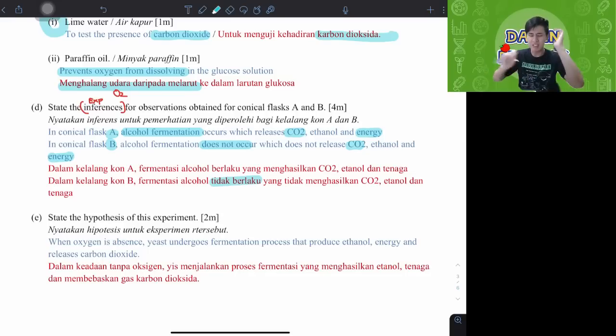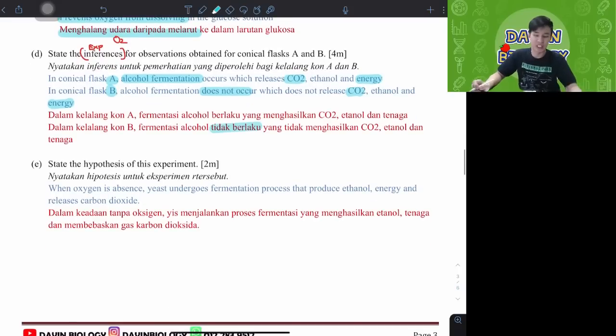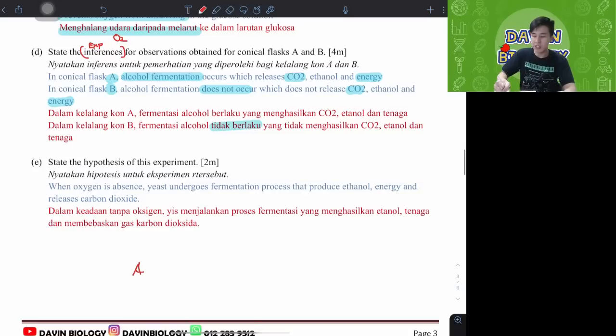Now the last question here, hypothesis. Nothing much. For this hypothesis, we don't use the higher the MV, the higher the RV. This question's hypothesis is a bit different. In this experiment, you can see both conical flasks A and B have no oxygen inside. What I want to test here is, when there's no oxygen, what will happen to my yeast?